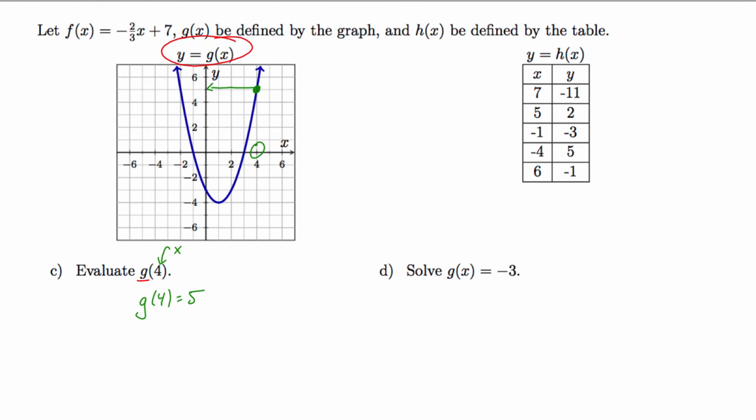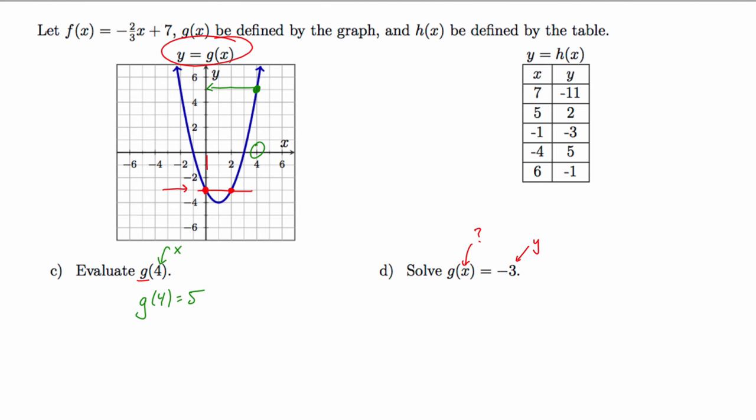In part D, we are to solve g of x equals negative 3. Again, we're solving, and we're not being told what the x value is. Since we're essentially being asked what is the x value, that tells us the negative 3 we are given must be a y value. So we will go to a y value of negative 3, and we will look left and right, trying to find any points on the graph that have a y value of negative 3.